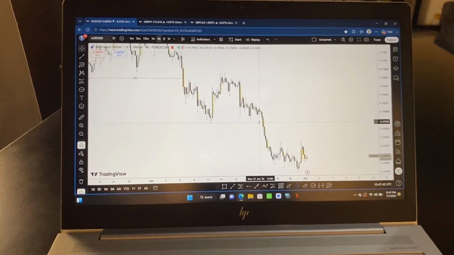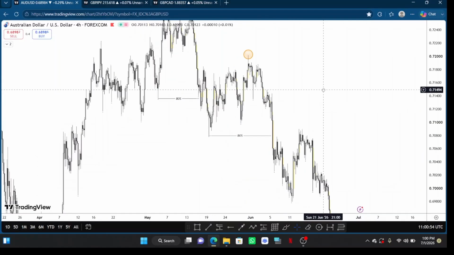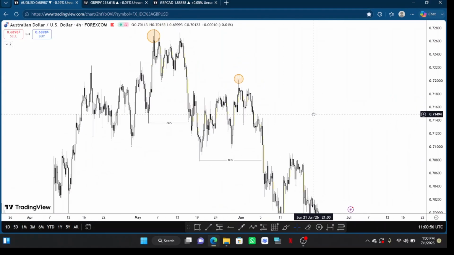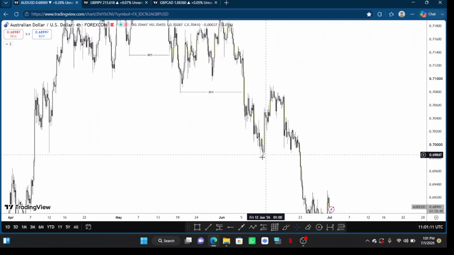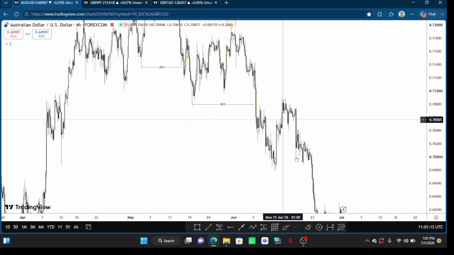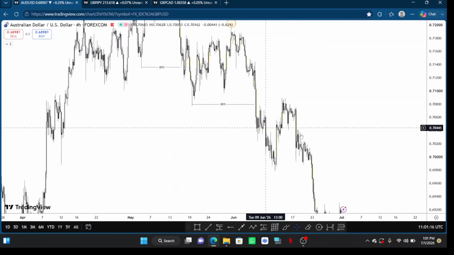Let's go. So on our first trade recap, this is Australian dollar versus the US dollar, in the 4-hour chart time frame. From here you can see that the market was making lower highs and lower lows. My trade is concentrated on this area.